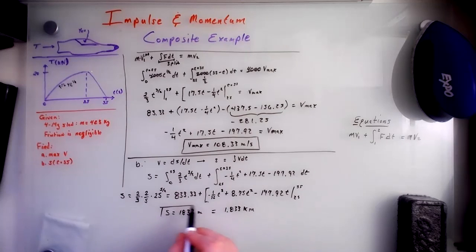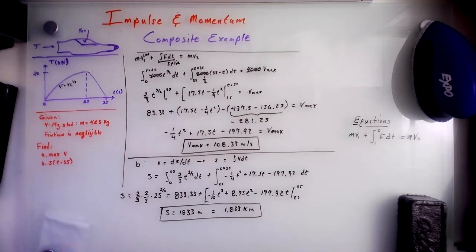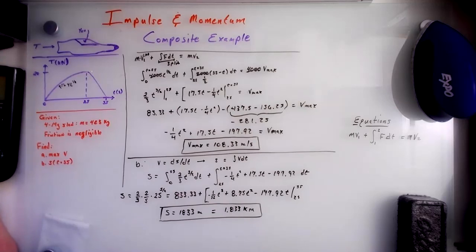So again, the point here is that when you have a composite force profile, often you can just put it together and use your impulse one time and save about half the work.